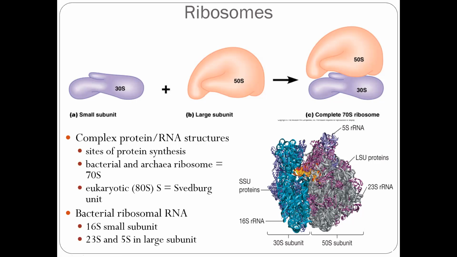Now be careful. I have had a very easy question before: a whole ribosome is 70S, not 80S. Don't simply add them together. 50 plus 30 does not equal 80. That's 70S, because S is a Svedberg unit. Now, if you break down these two subunits, under the 30S subunit there is a 16S rRNA.